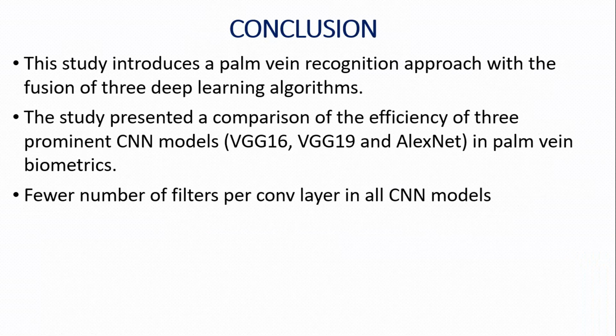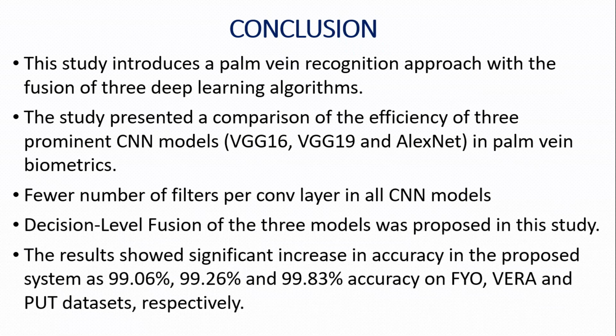The study compared the efficiency of the 3 models that we use, and then we proposed using fewer filters in each convolution layer in all the models, and then use a decision level fusion to bring the decision of the 3 models together for a stronger human identification system.